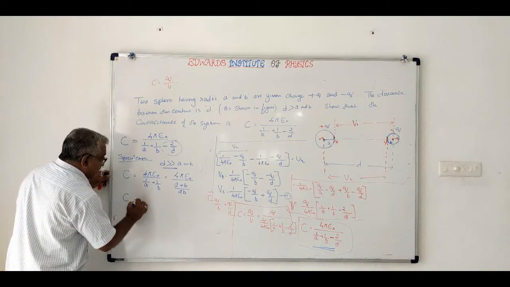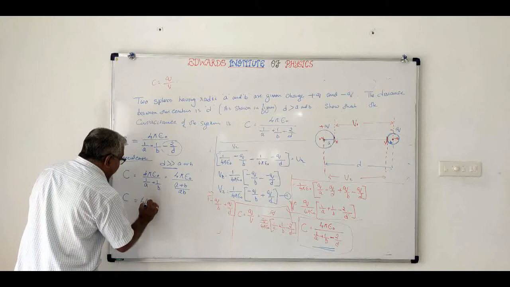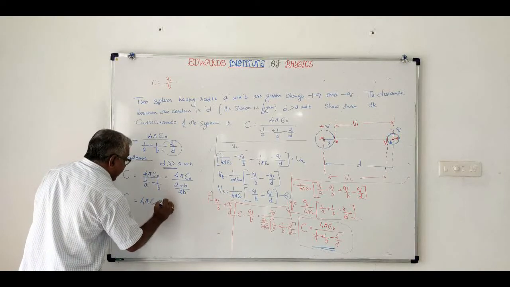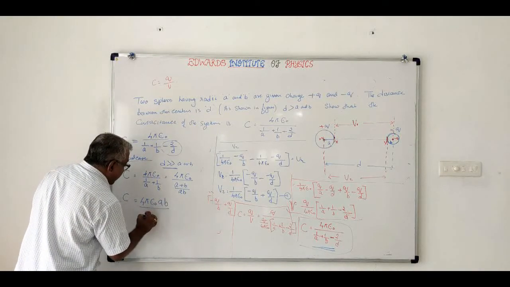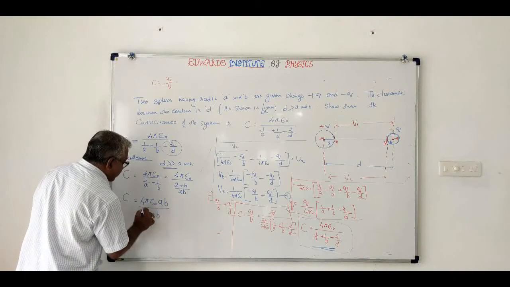So in that case C will be equal to 4 pi epsilon 0 ab by a plus b.